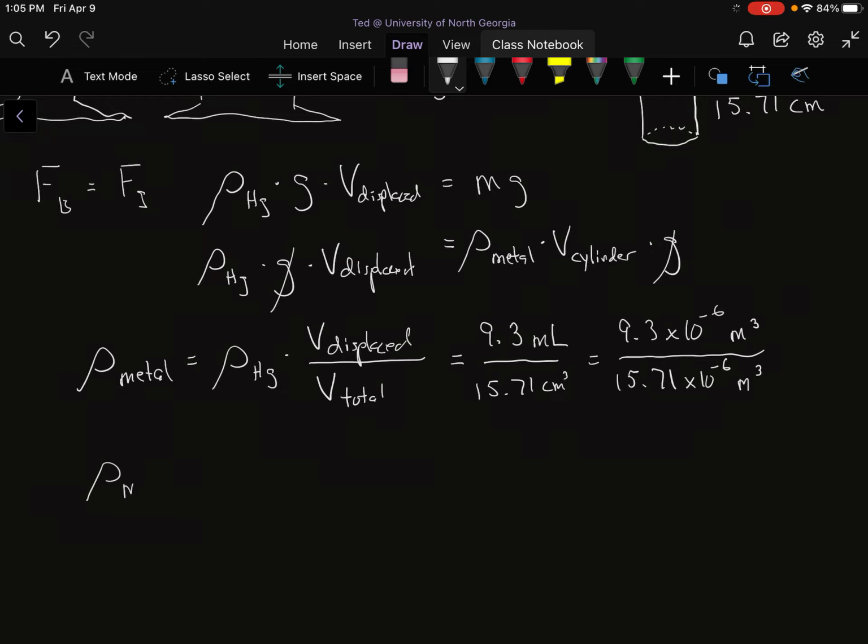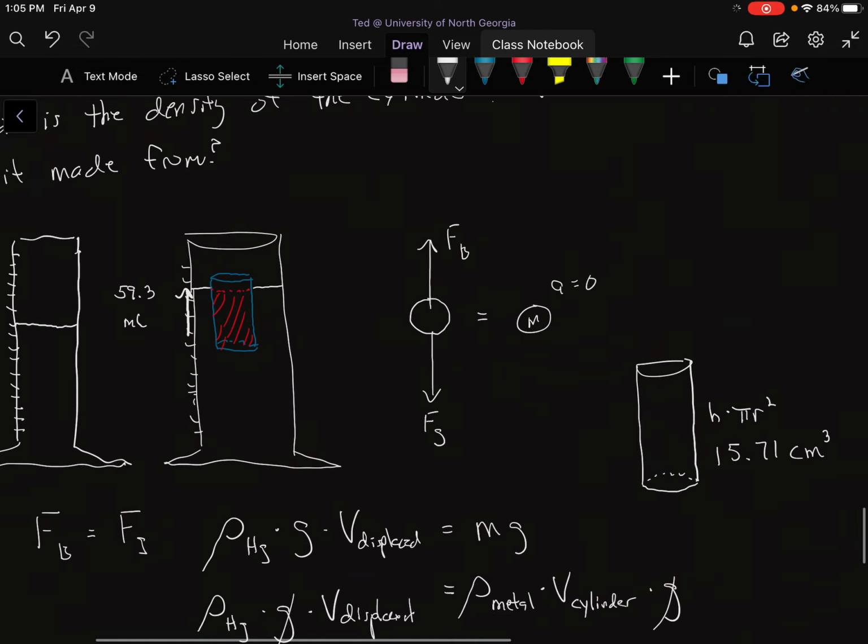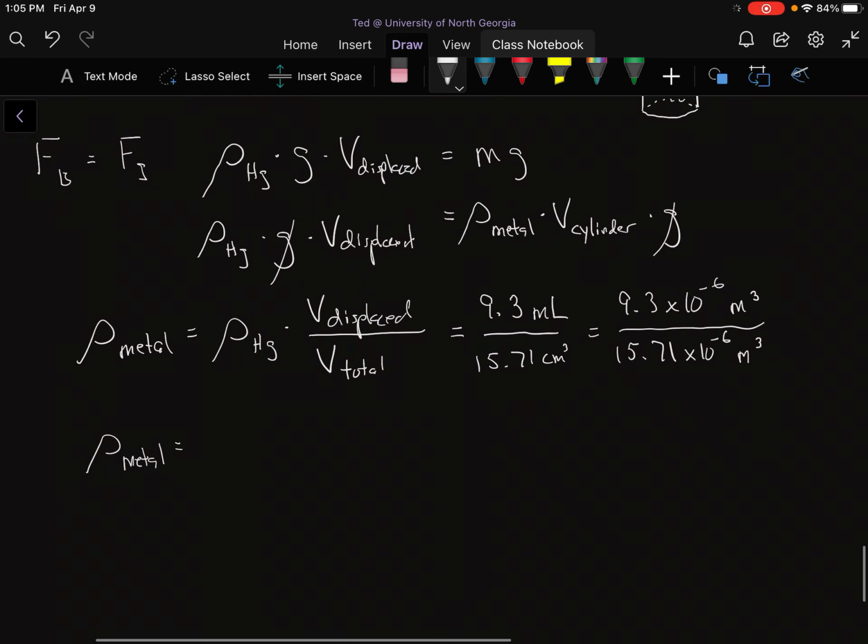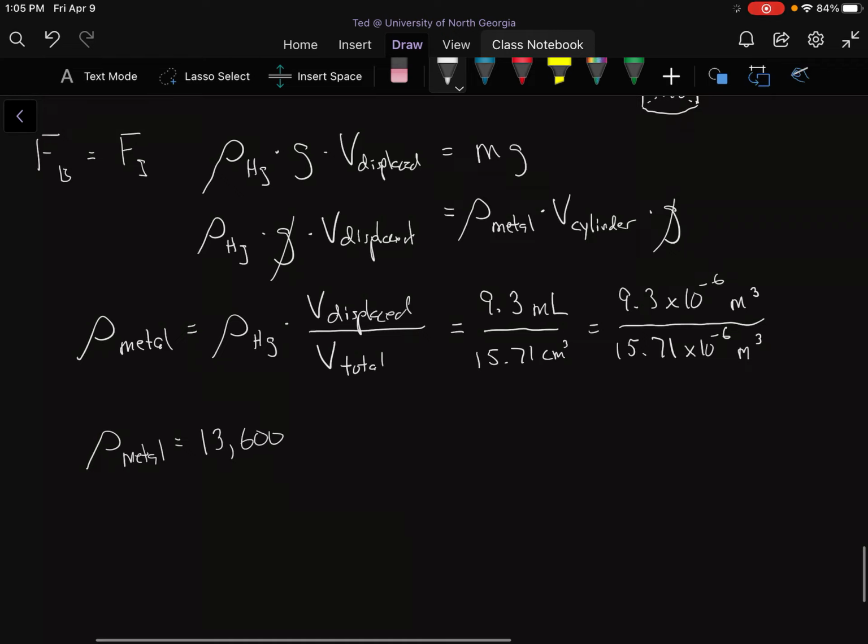So, the density of the metal is equal to the density of mercury, that is 13,600 kilograms per meter cubed, times 0.592, and that is equal to 80.52 kilograms per meter cubed.